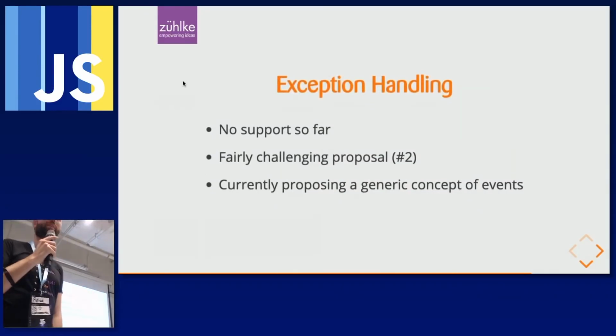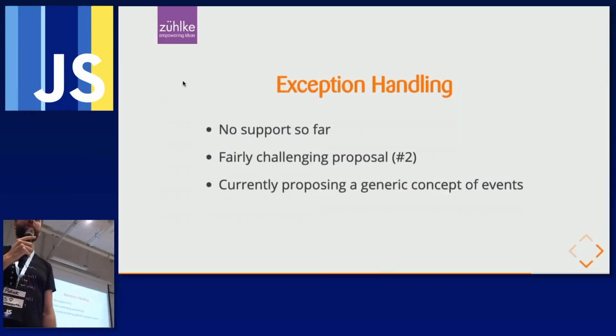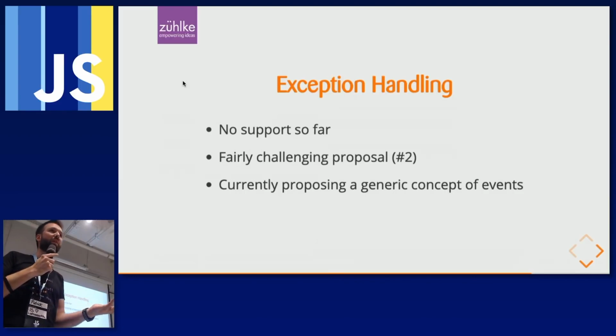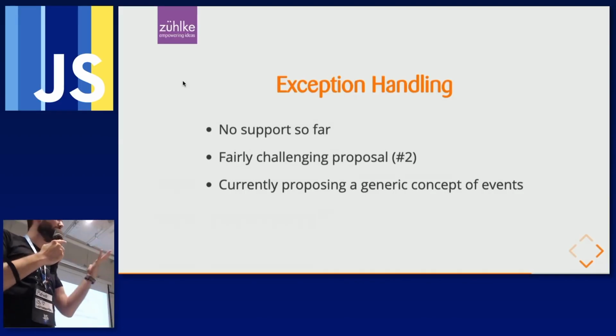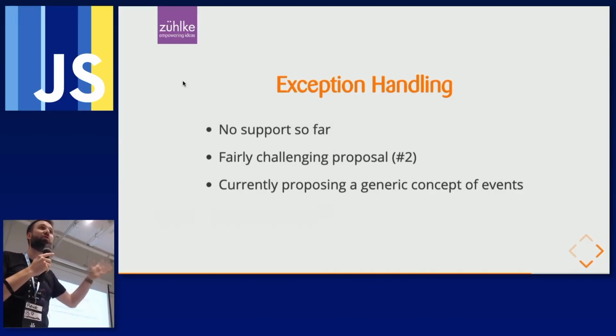Then one of the biggest problems, I think everyone in here has struggled with that, right? Exception handling. Every language has its own concept. We have a lot of various exception handling mechanisms, and we will see that later on. WebAssembly doesn't have one yet, so if your C code fails, this can be very hard to debug and find out what actually happened, because the exception is not going up to JavaScript where we can just have a try-catch around it.